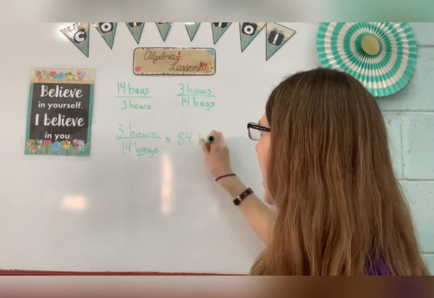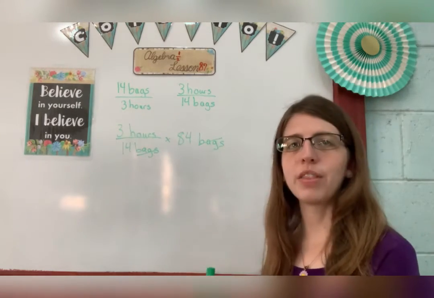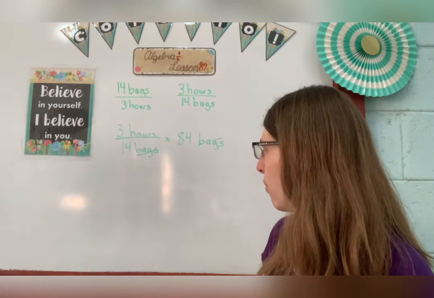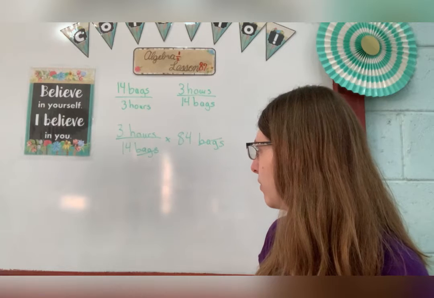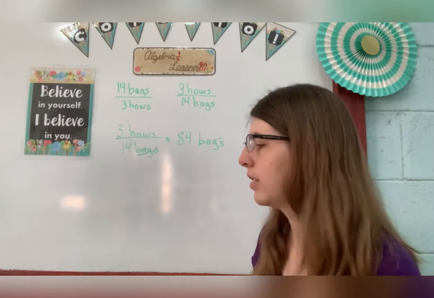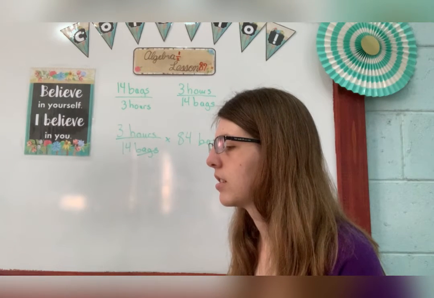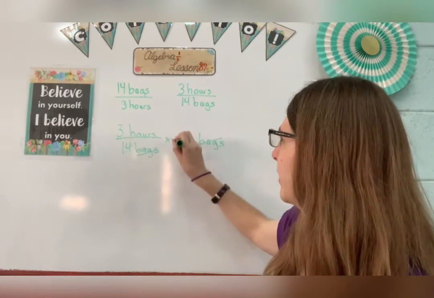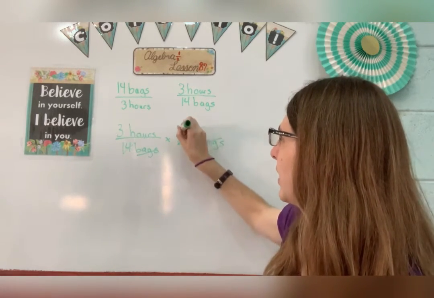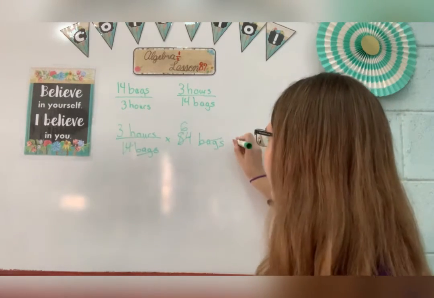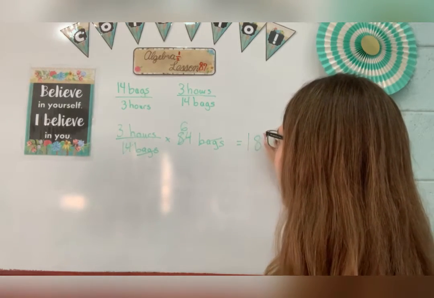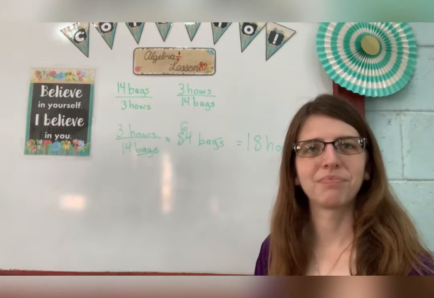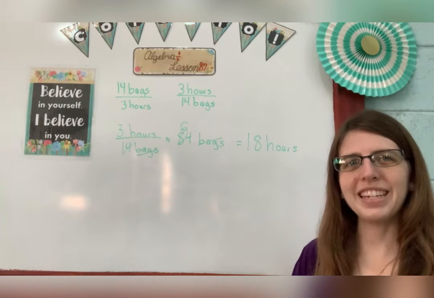My unit of bags cancels out, so I'll just be left with hours. Let's see, 14 into 84, can we do it? Yep, we can. So this cancels out. 14 goes into 84 6 times. 6 times 3 is 18. So it is 18 hours.